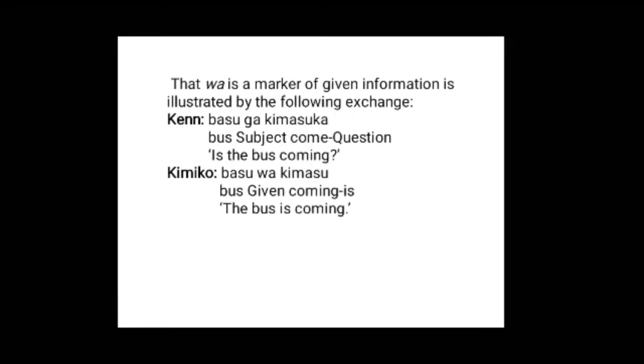Bus, given, coming is. So the bus is coming. In Ken's question, basu would not be marked with wa unless he and Kimiko had been talking about the bus in the previous discourse. But in Kimiko's answer, basu is given information and must be marked with wa.